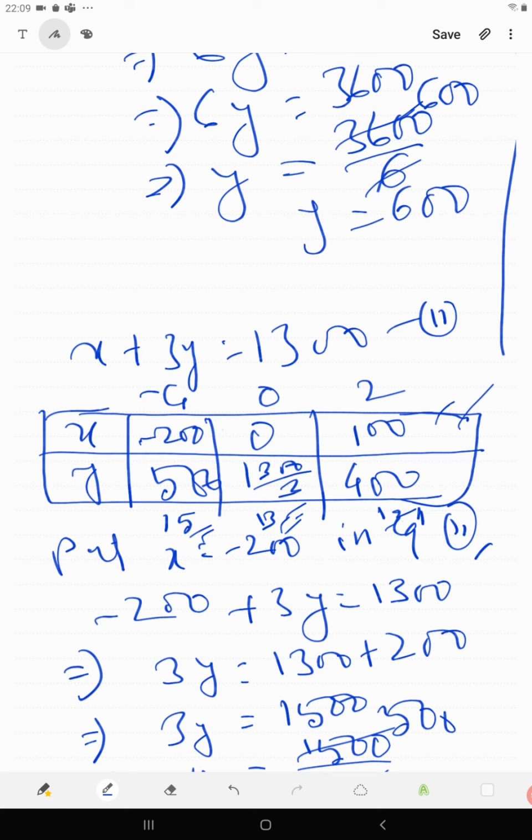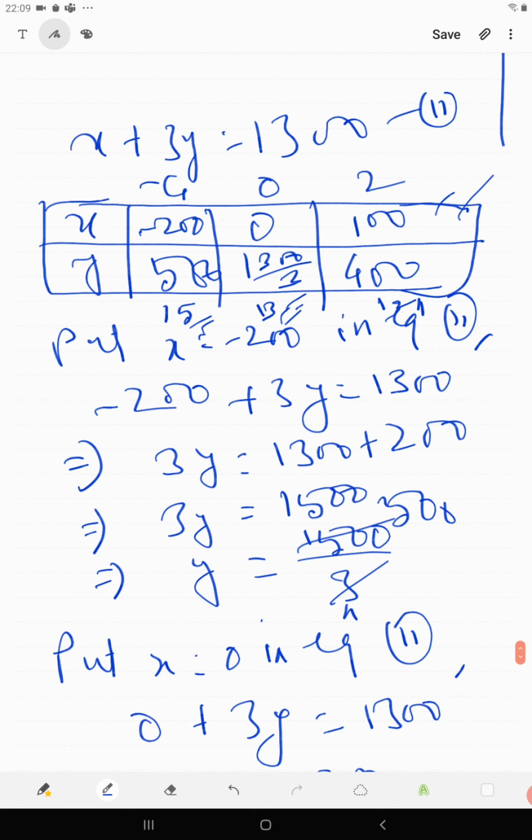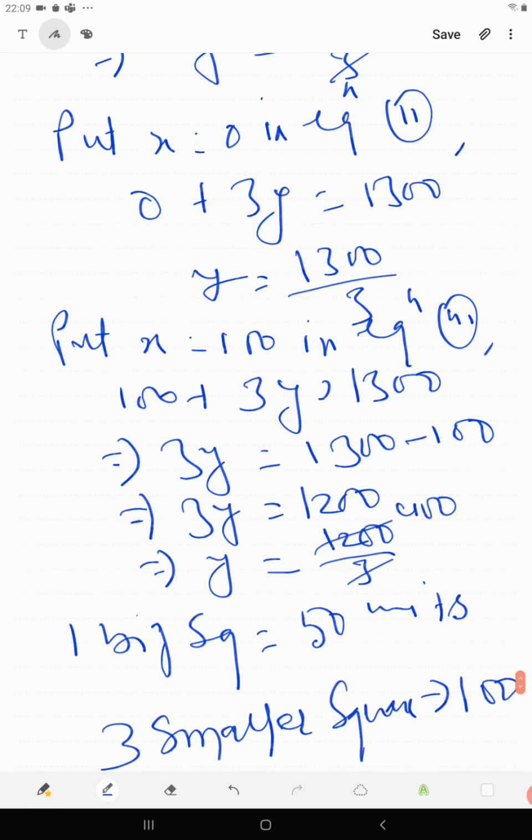If you want to take bigger squares also, say if we take 3 bigger squares, then no, it will not give you that. So it's better if you take 3 smaller units as 100 units. In that case 15 smaller units, 13 smaller units and 12 smaller squares, you can represent it on the graph.